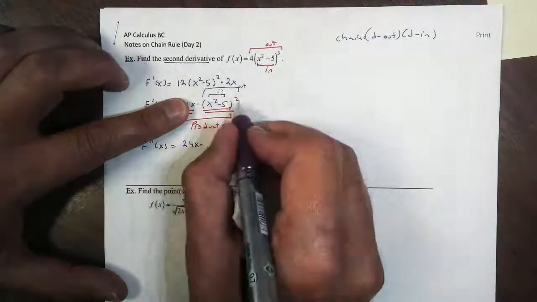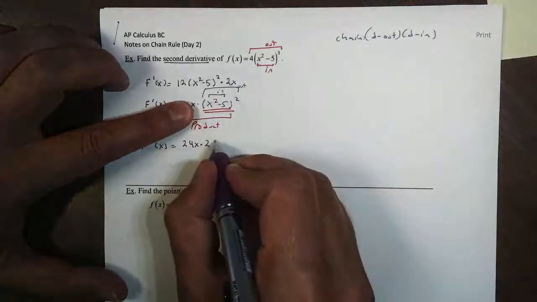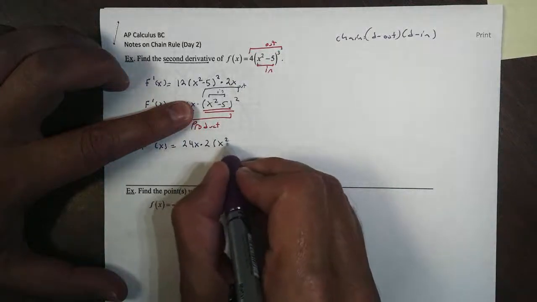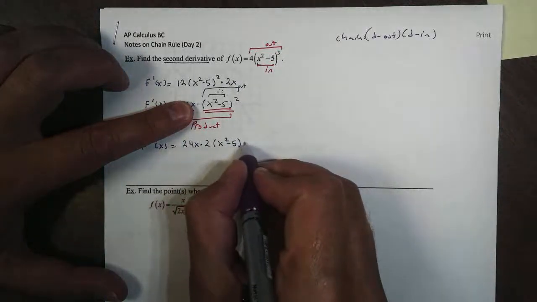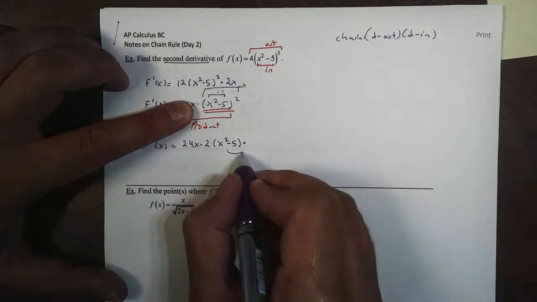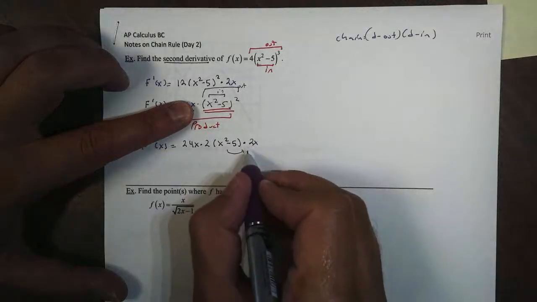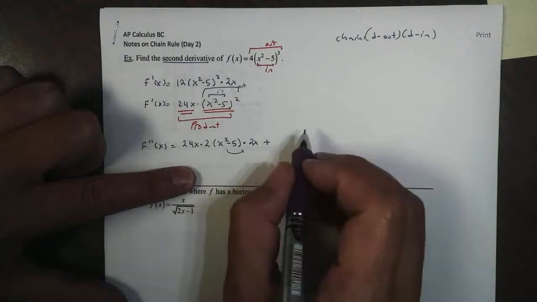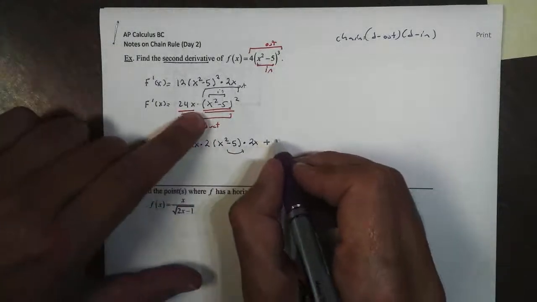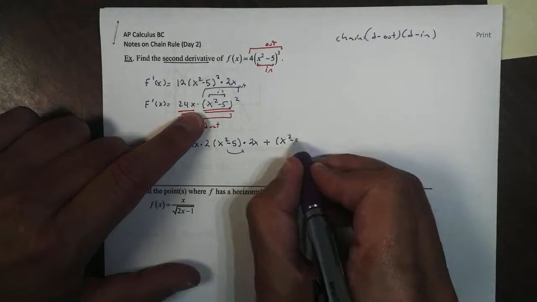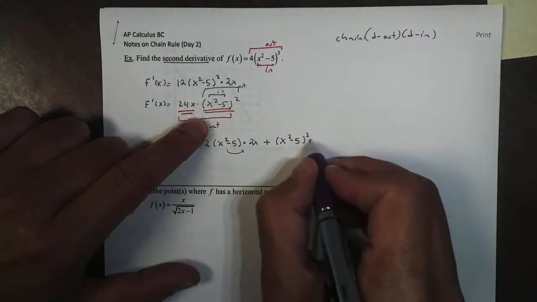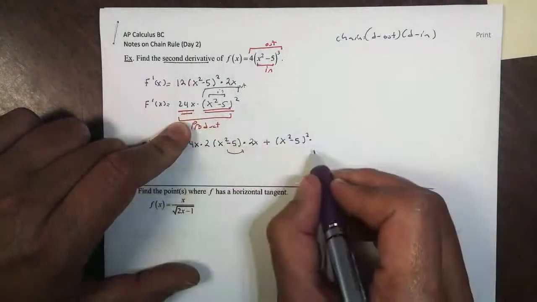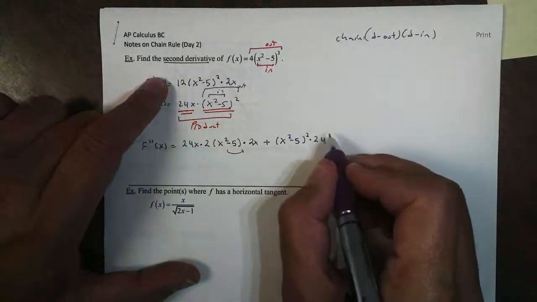Taking the derivative of the outside, we're going to get 2 times (x squared minus 5) times, then we do the derivative of the inside, 2x. That's the first part of our product rule, plus, now we're going to take the second function, (x squared minus 5) squared, multiply that by the derivative of the first function, and that just becomes 24.